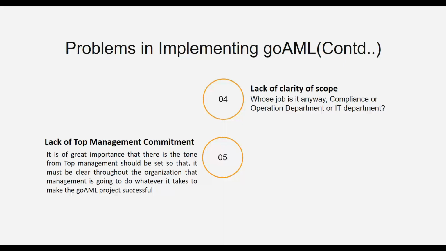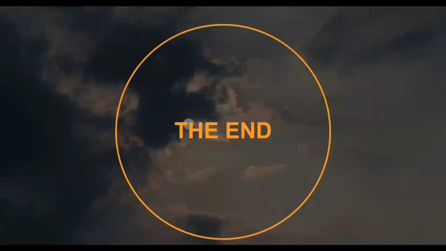But if the top management is not motivated, they cannot do much. Therefore, FIU should instead try to make top management aware of the consequences of not being able to complete the goAML project.